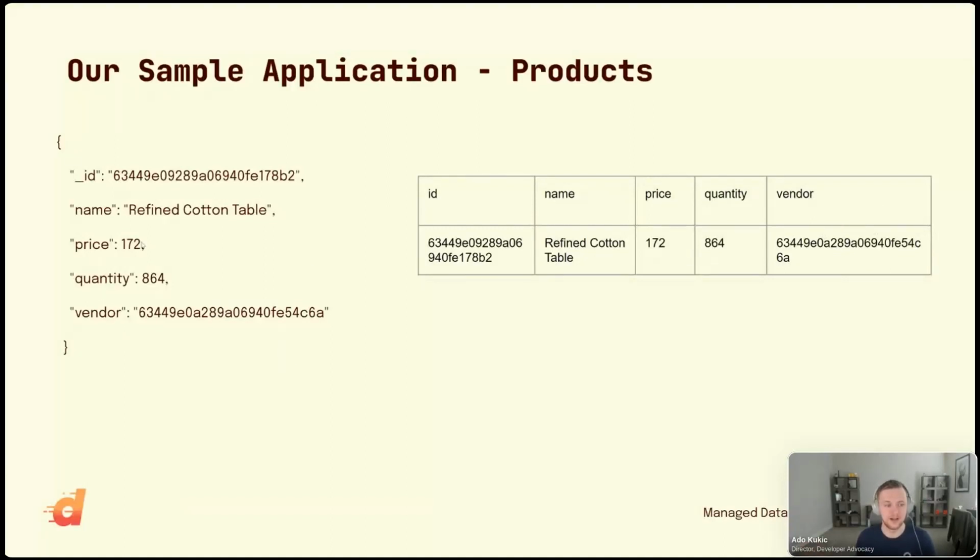I did this for the Mongo example as well, just to show you that that is a possibility and that is a capability of both MongoDB and Postgres. But we could have just as easily made this vendor field an object and stored the vendor information directly in the products collection in MongoDB. Whether you store it as an object or you store a reference to the vendor in a different collection is totally up to you.